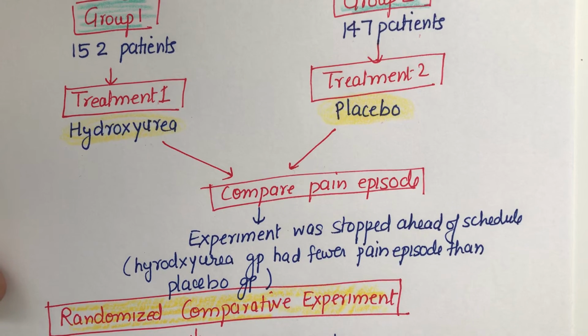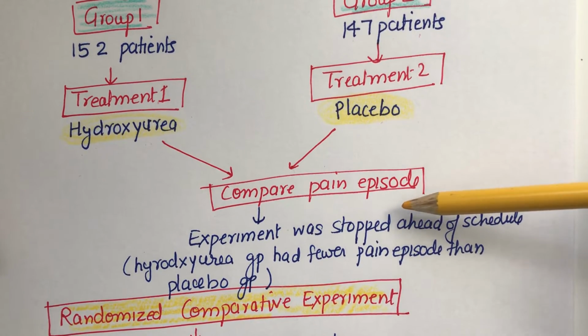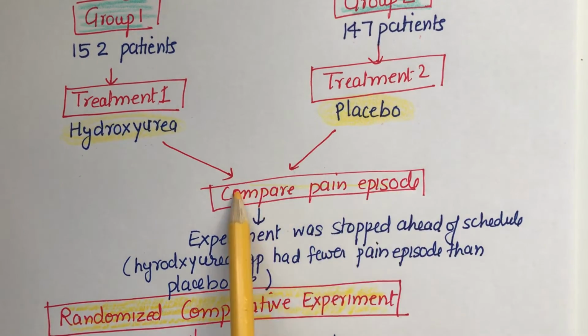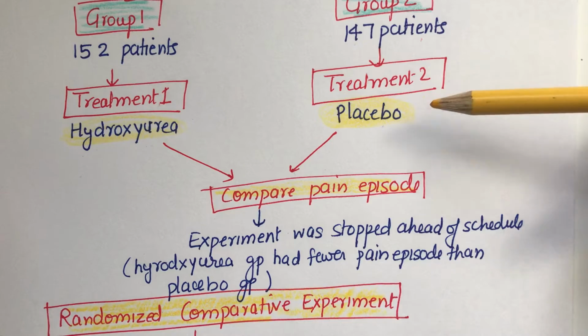Once the treatment was done for both groups, they compared. How can you compare the effectiveness? Because they had sickle cell anemia, they have severe pain. So comparison of pain is the best way to figure out whether the medicine or the placebo was effective.